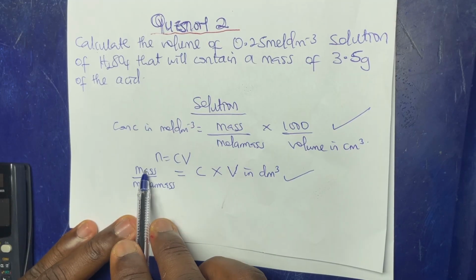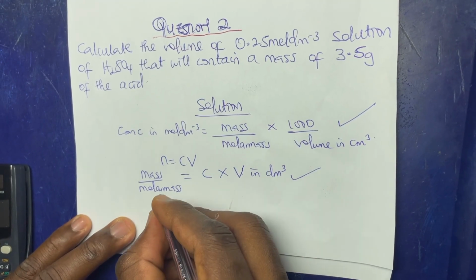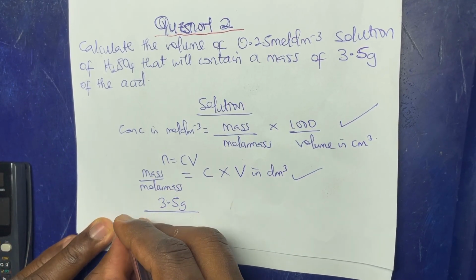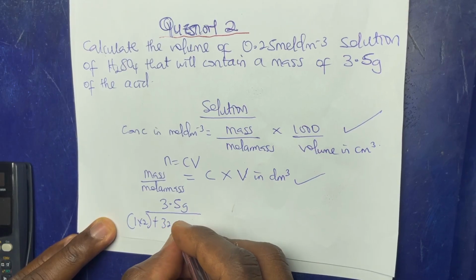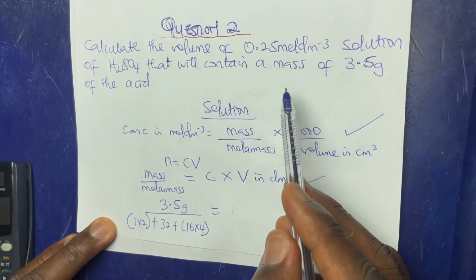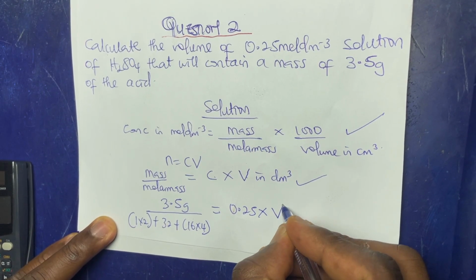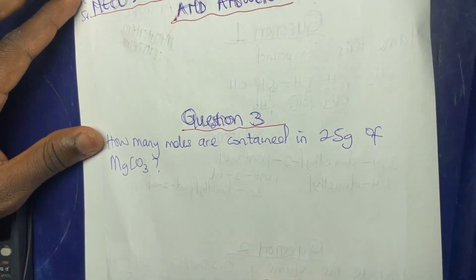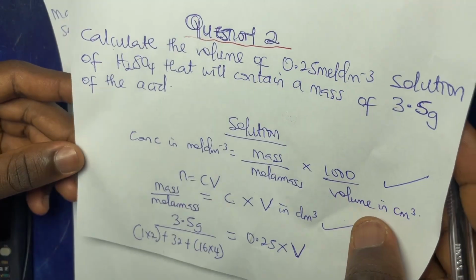So using this formula now, our mass is 3.5 gram over the molar mass of H2SO4. Remember that H is 1, sulfur is 32, and oxygen is 16. So it equals concentration, 0.25, times volume, which we don't know. So we can do this arithmetic.